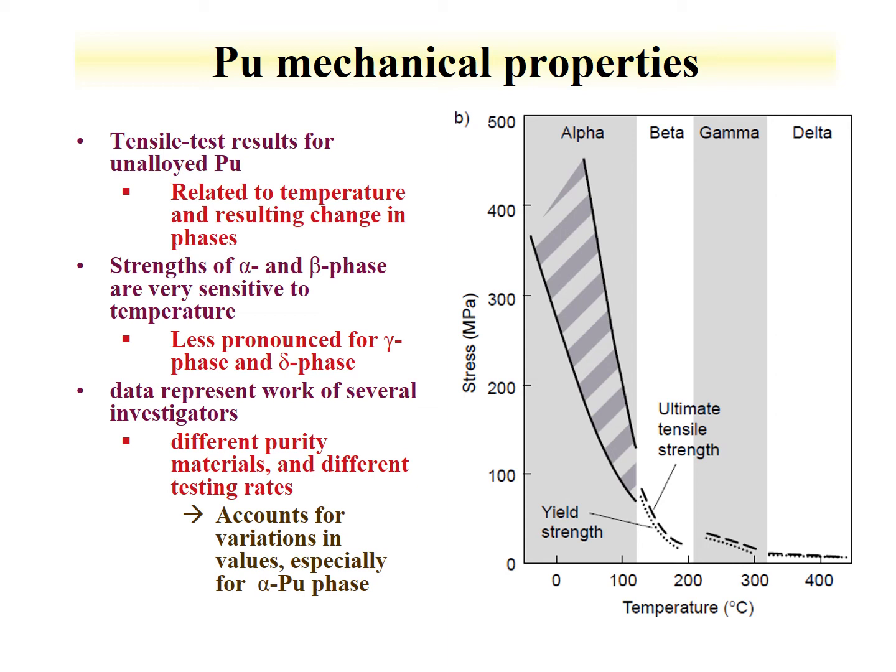Now, the ranges are fairly wide, and this is a compilation of different work, and there might be some variations in the behavior and properties of the materials, particularly for the alpha phase plutonium. That's why we get such a large range.